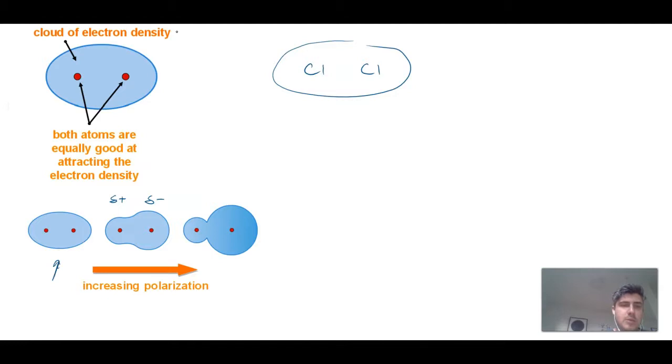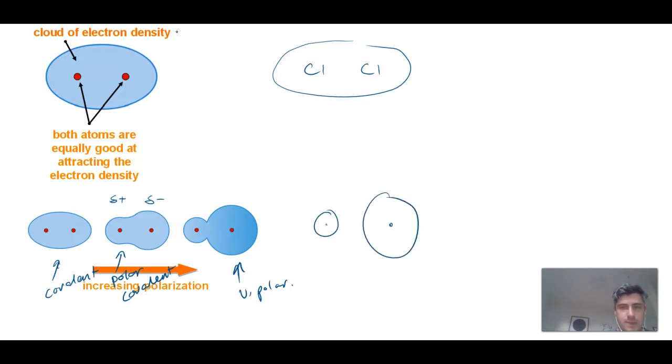So these ones would be covalent still, becoming more and more polar. So this one's polar covalent. And then lastly, we've got almost ionic, so very polar. And then the final product would be where you have complete electron transfer. So this is ionic. It's actually a spectrum of polarization depending on the difference in the electronegativities.